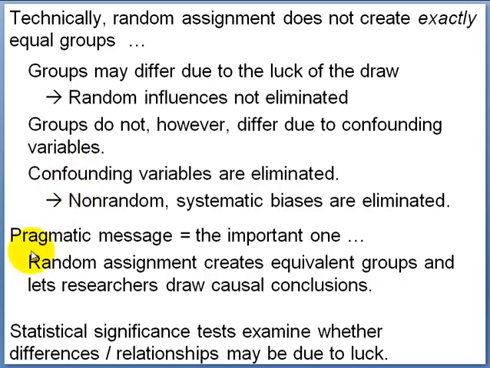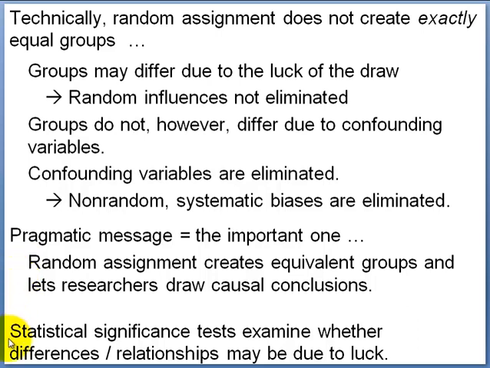So I've given you a pragmatic message, which is to say that random assignment eliminates confounding variables and allows the drawing of causal conclusions. That's the key message. Keep in mind that random assignment doesn't create identical groups, that there still are random differences.